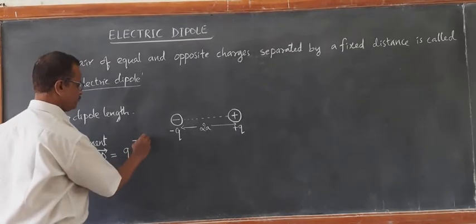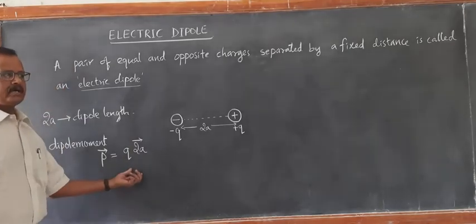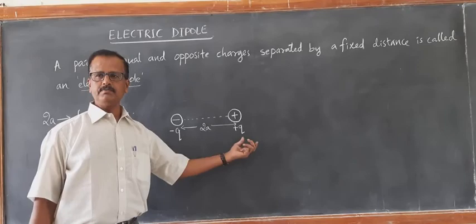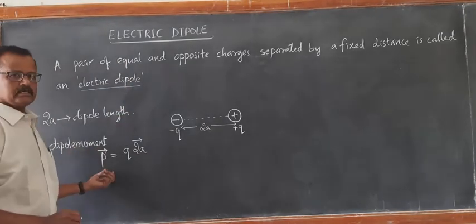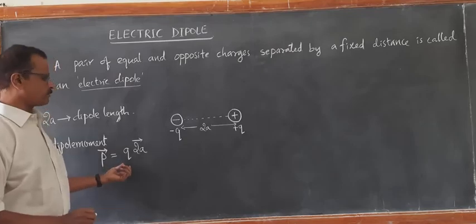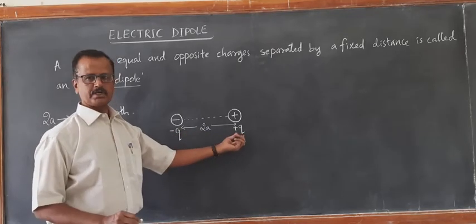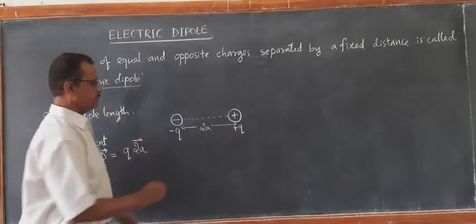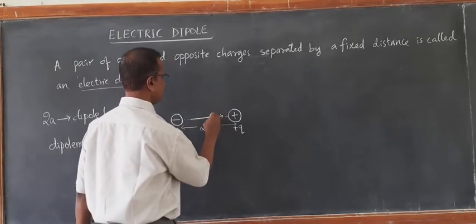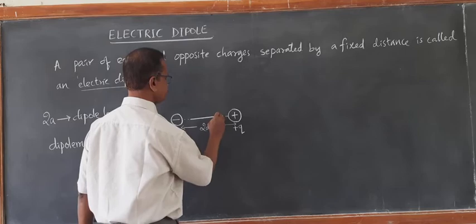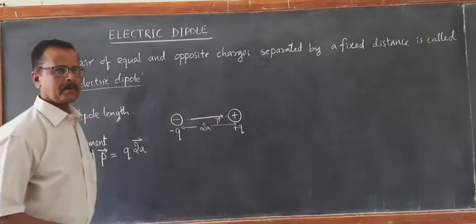So dipole length is also taken as a vector. It is a vector directed from negative charge to positive charge. So dipole moment is a vector directed from negative charge to positive charge. This is the direction of dipole moment.